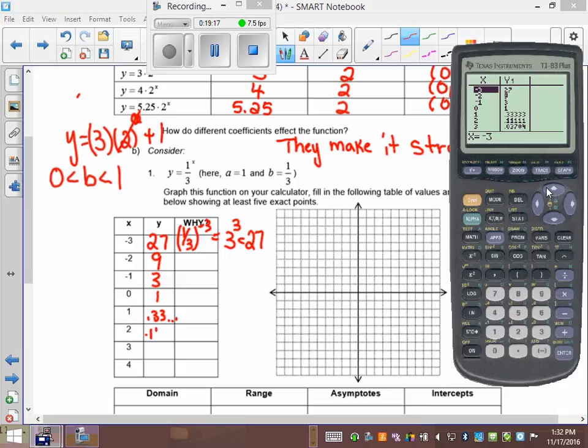And then 0.11. 0.3704. So we're just getting really small is all.